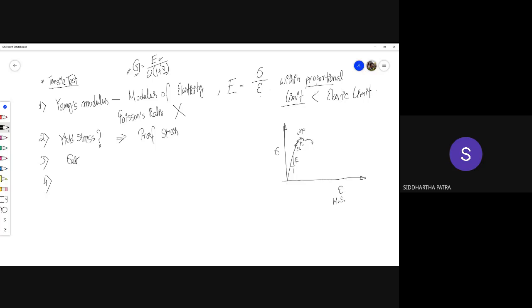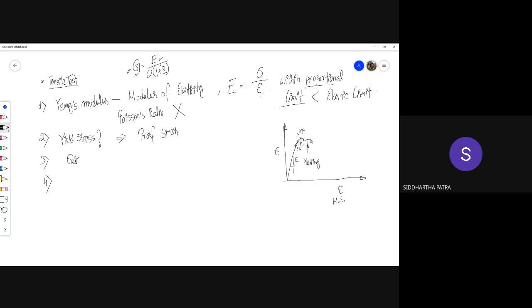That part remains for a while, and this phase is called yielding. Yielding is when the material starts developing substantial plastic deformation without a significant change in stress.